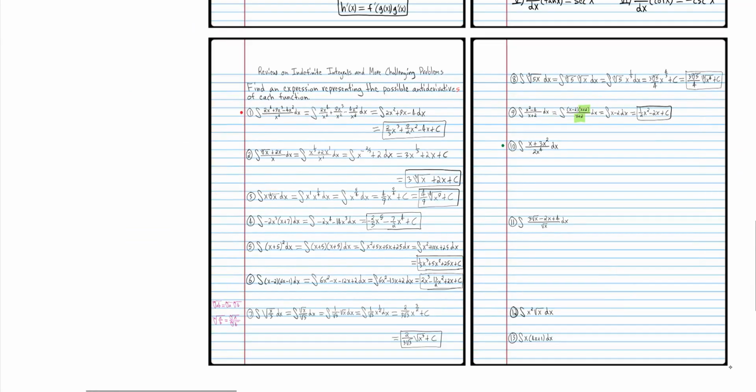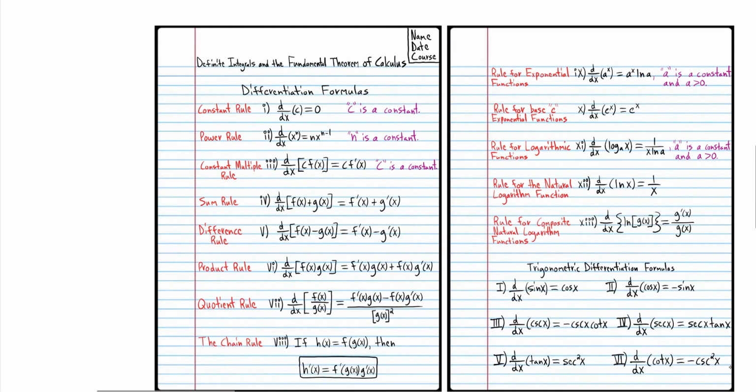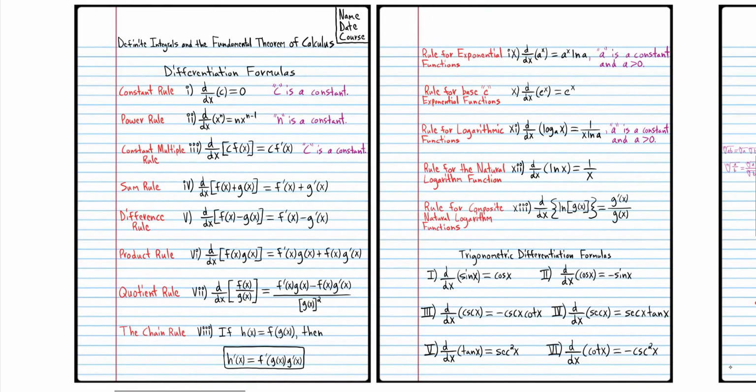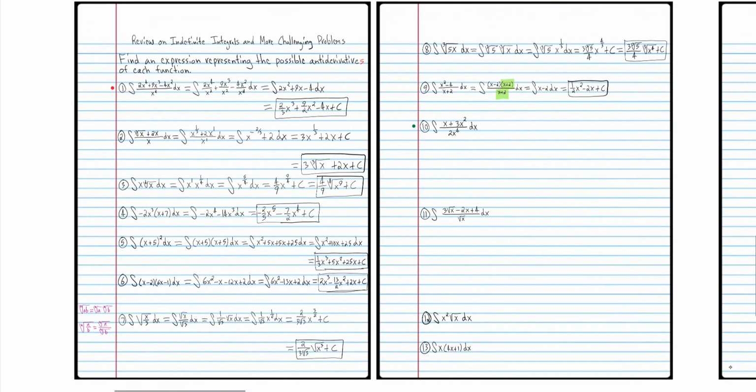So what I want you to do is take a picture. I'm going to give you one more chance to take a picture of these formulas, and you can take a picture of all these problems here, and numbers 1 and 2 are going to help you with number 10 in particular.